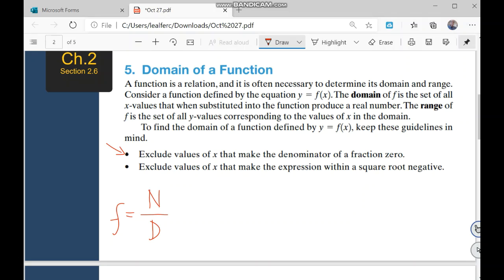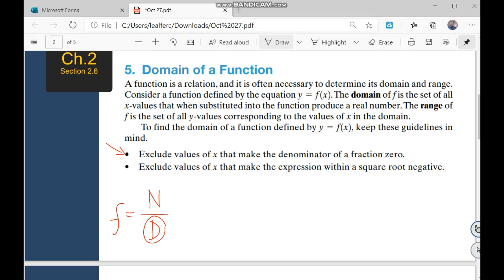We don't want this denominator to be equal to 0, because it's going to make the fraction undefined. So you don't want this, right? You want to avoid it. You're going to exclude any values of the variable that make the denominator equal to 0.